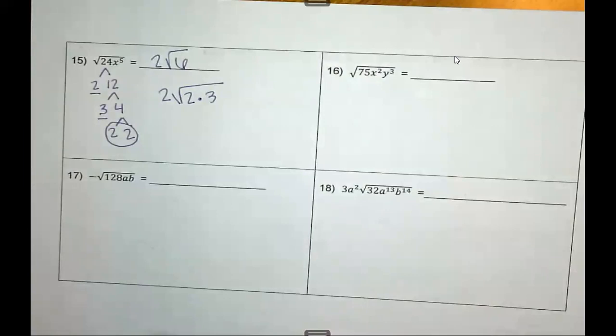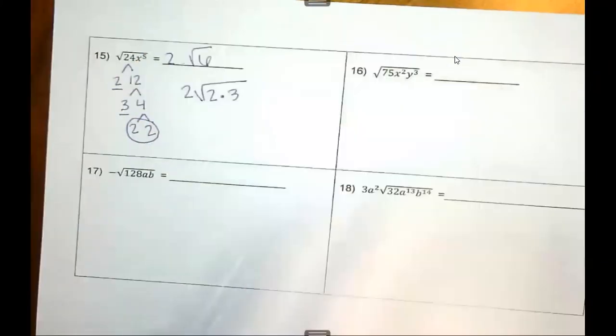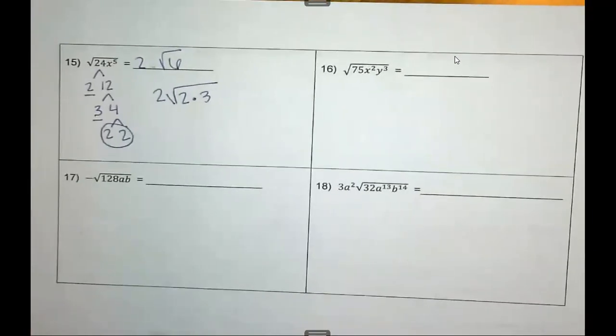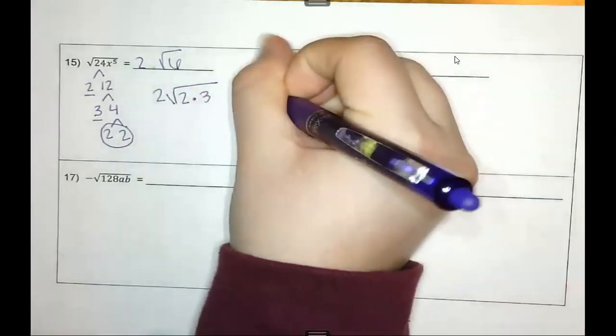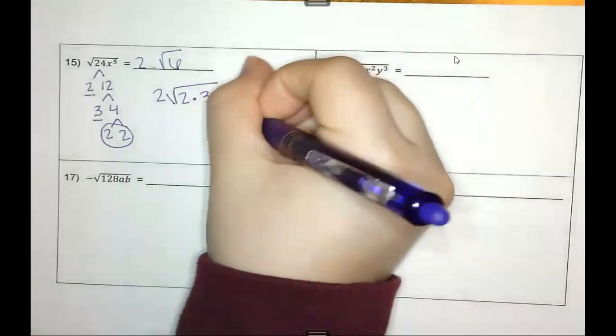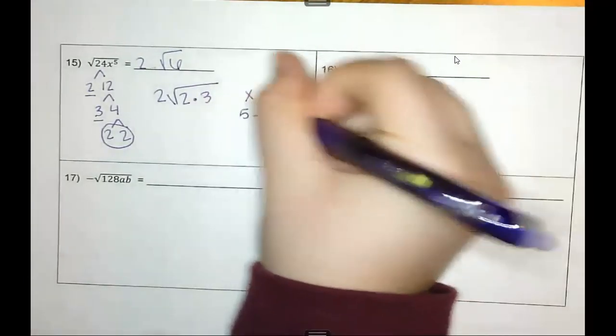All right. Then we also have to deal with the x value. My x has an exponent of 5. So 5 is an odd number. Our rule for odds is to take that exponent and subtract 1. 5 minus 1 would give me 4.